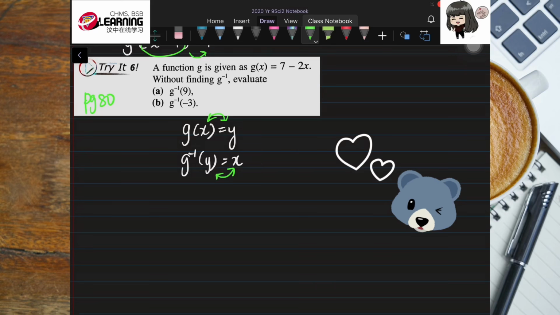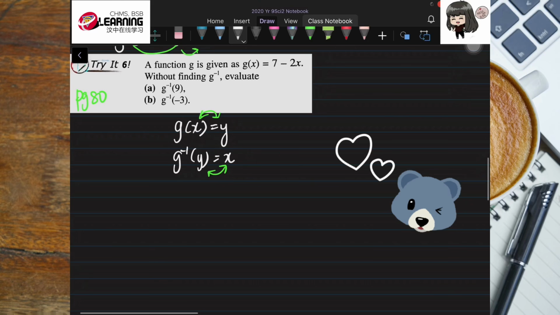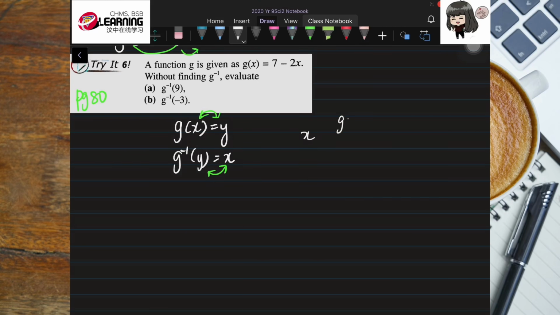In this case, if we are not finding any expression, how are we going to find it if we put in 9? Again, if we have our 7 minus 2x, in the arrow diagram, x goes to g of x, which is 7 minus 2x.